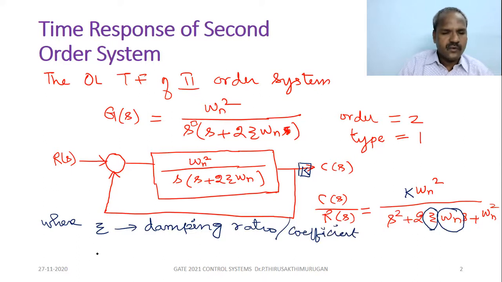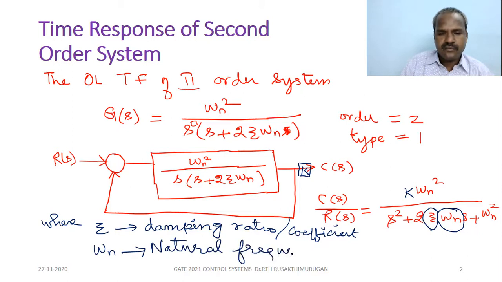Clear? So omega n is called natural frequency of oscillation, natural frequency of system oscillations.